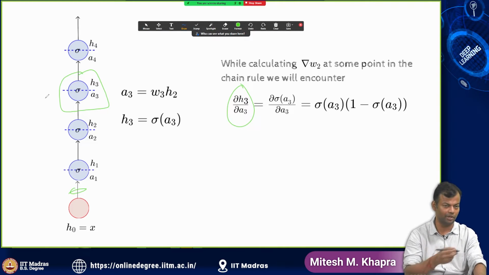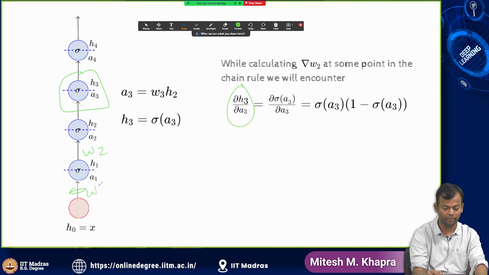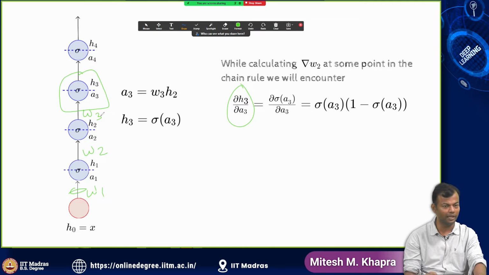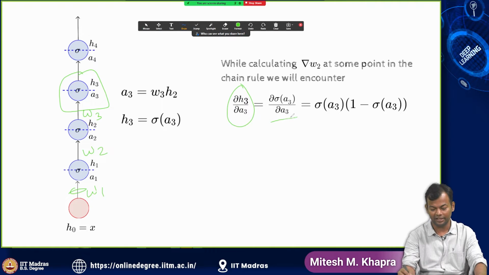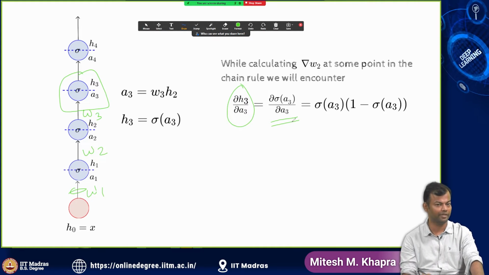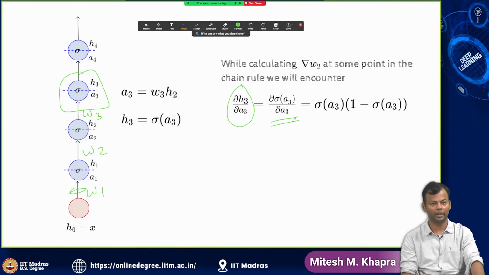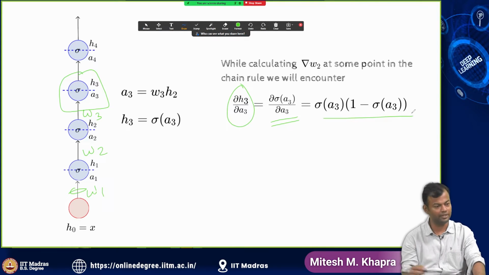You can convince yourself that even if it is w1 or w2 or w3, this term sits in the path, so you will encounter it. That is nothing but the derivative of the sigmoid function with respect to a3, and that is given by this formula.